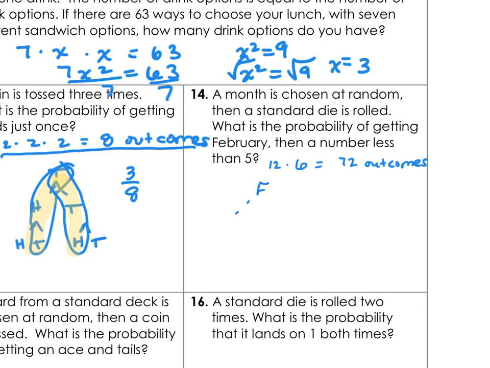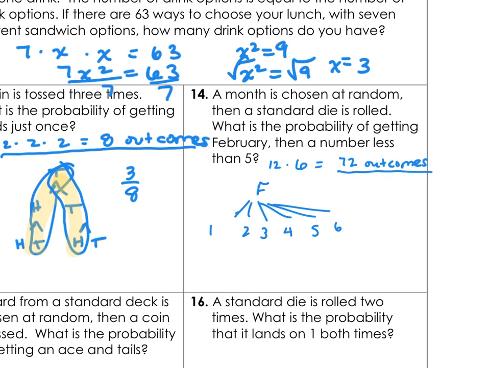And then we've got 1, 2, 3, 4, 5, and 6 on the die. We don't need to draw out all of the months because we only need to do the one. We know that there are 72 outcomes, so we know what our denominator is going to be.